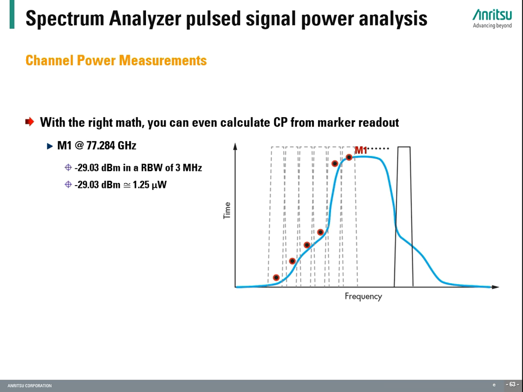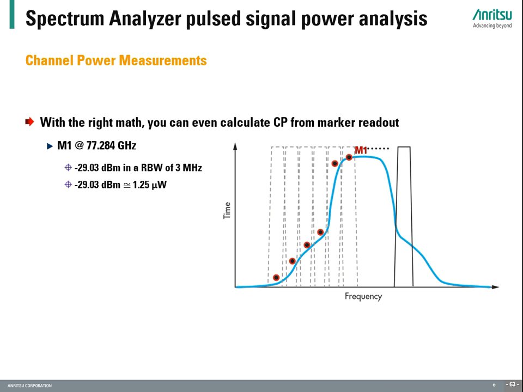Let's try to understand more the process of channel power measurements. We have tuned the SPA to see an envelope spectrum, and we have selected the specific RBW, let's say 3 MHz. We are placing a marker on top of the envelope roof, and we are reading a level of -29 dBm in the 3 MHz bandwidth.